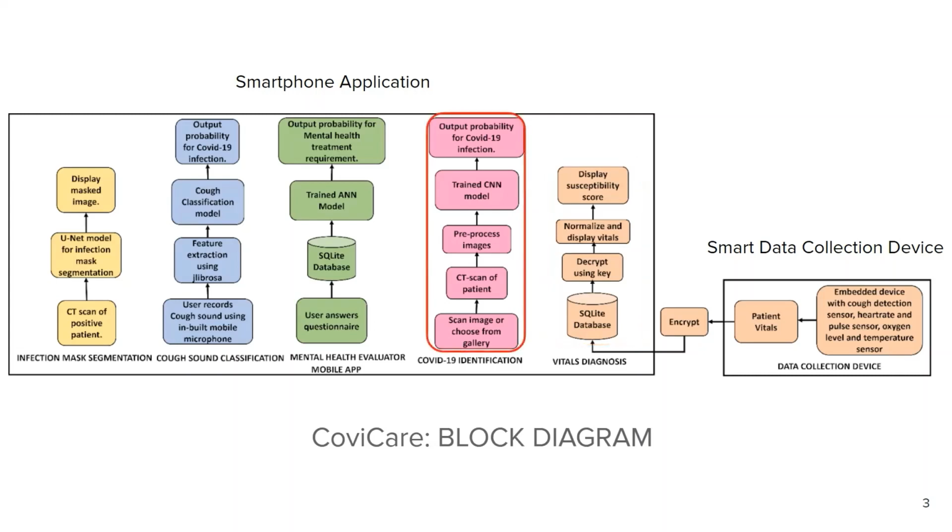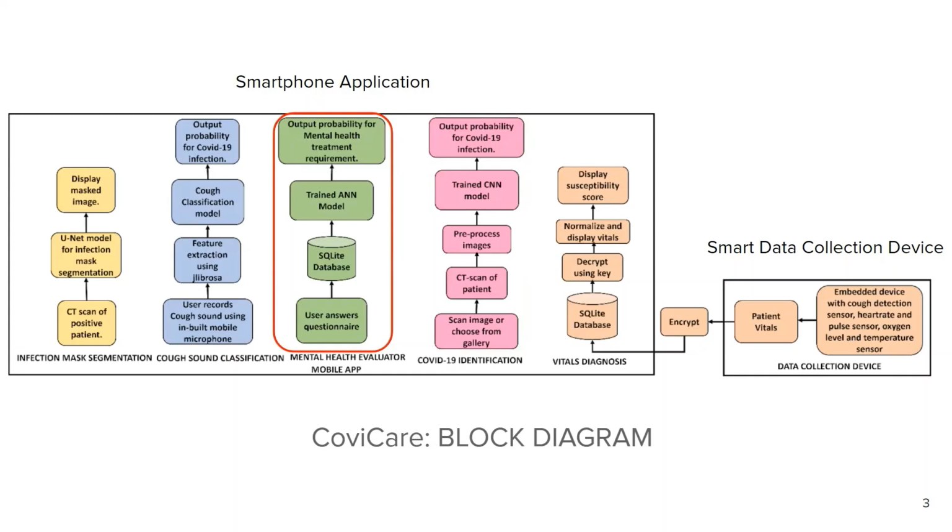The next component is COVID-19 identification using CT scans. Doctors or non-medical practitioners will be able to select an image of their chest CT scans through our application and then run a CNN model on it to predict whether the user has COVID-19 or not. The third component is a mental health evaluator, which uses a predefined set of questions based on the user's answers.